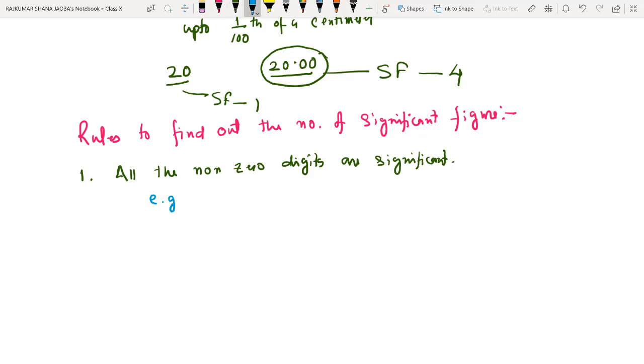Example, 1, 3, 4, 7, 8. Significant figures: 1, 2, 3, 4, 5. So it has 5 significant figures.